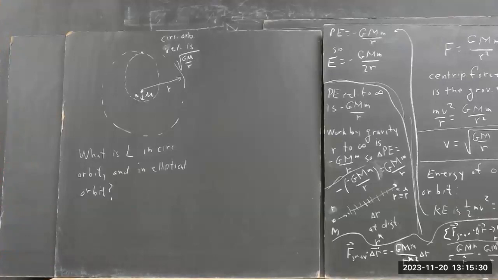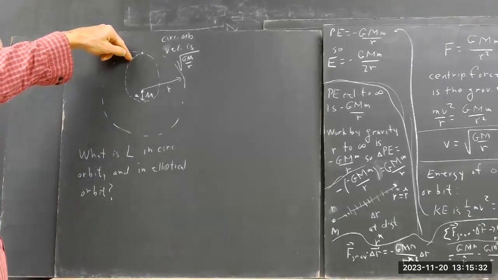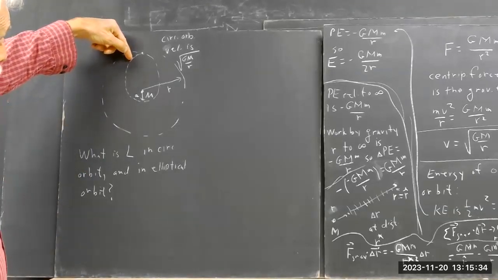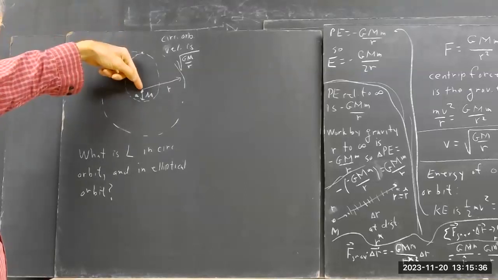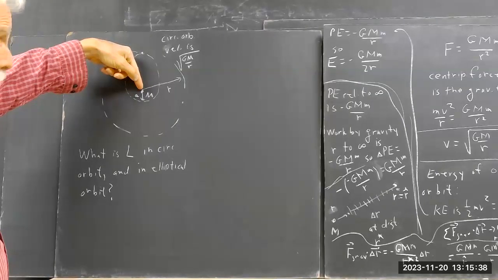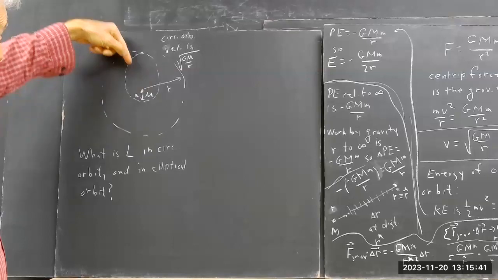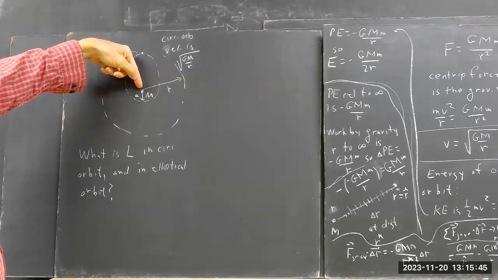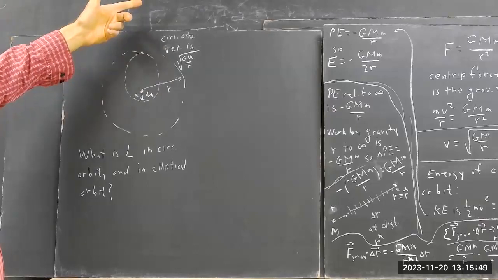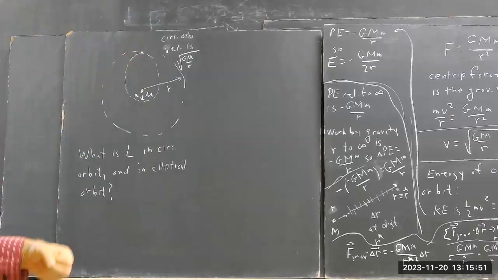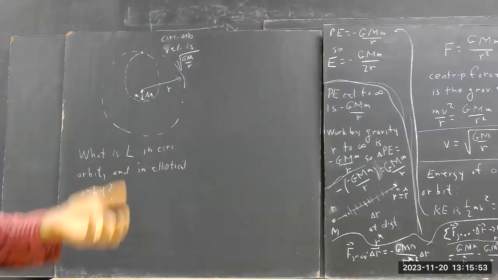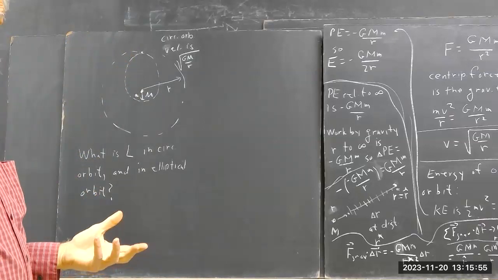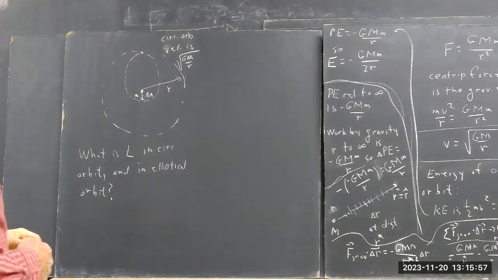It's simply because at any point in this elliptical orbit, the force is toward M. Well, how much torque does a force toward your axis of rotation produce? Your moment arm is zero. So angular momentum can't change. There's no torque.